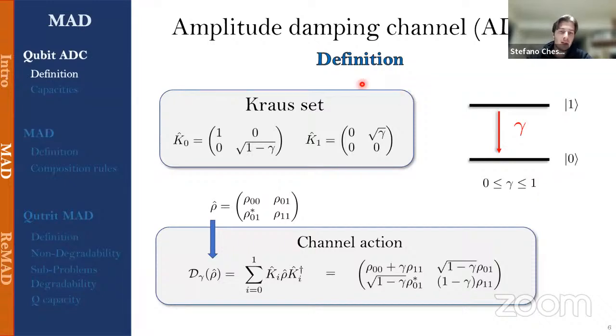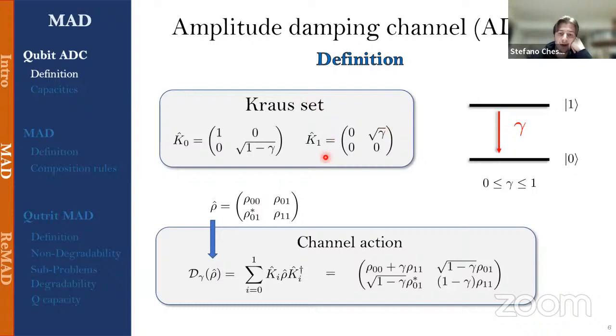As with every quantum channel, we can express the action of the qubit amplitude damping channel through what is called the Kraus set, a set of operators. In this case the set is composed of two operators, a diagonal one and an off-diagonal one that maps the level 1 onto the level 0, depending on the damping parameter.